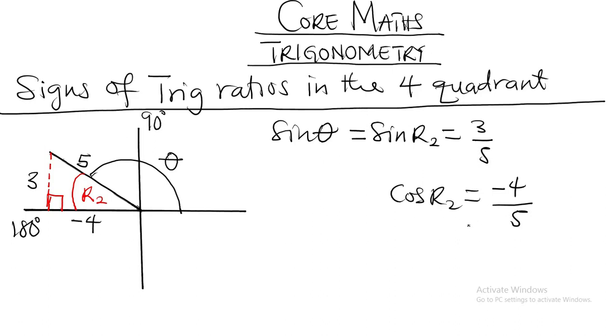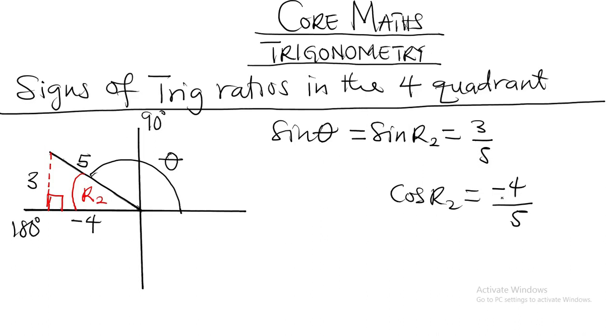But you know that cos of an acute angle is never negative. So what this -4 on 5 implies is that it is rather negative of cos R2. So the actual cos R2 is 4 on 5.